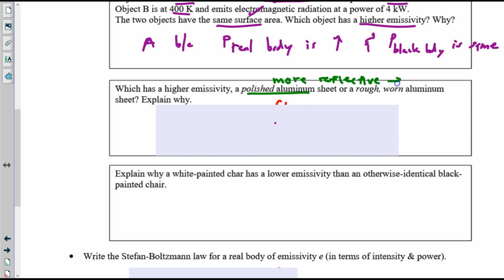So what does that mean? That means it's less absorptive. If it doesn't absorb as much, then it's also a worse emitter. So the answer should be the rough, worn aluminum.